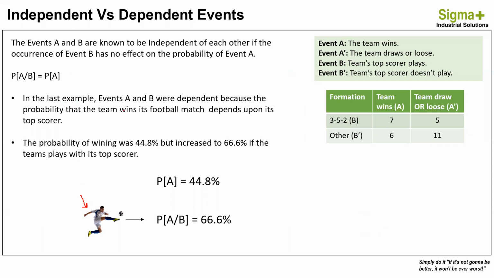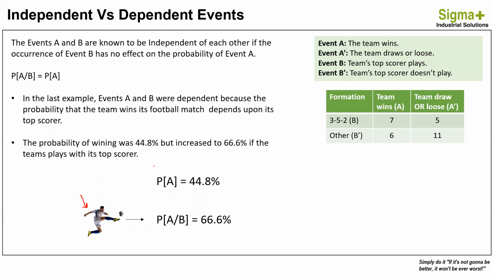So in the last examples, we say that the events A and B were dependent because the probability that the team wins the football match depends mainly upon the top scorer. And the probability of winning was 44.8% without the participation of that player, and increased to 66.6% if the team plays with its top scorer.